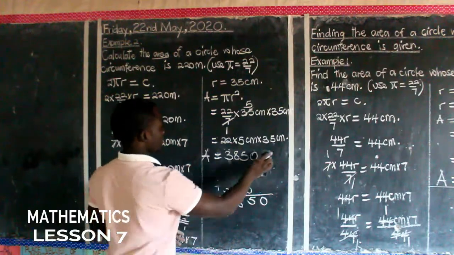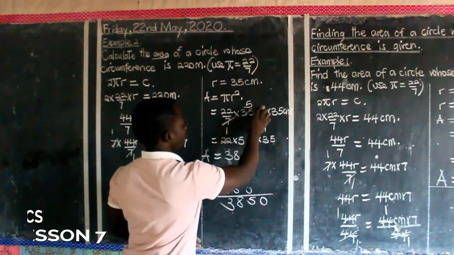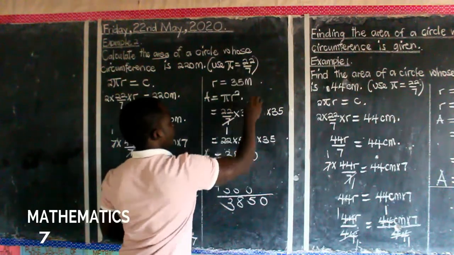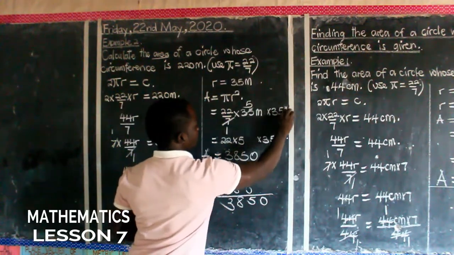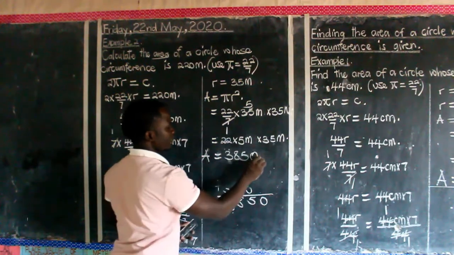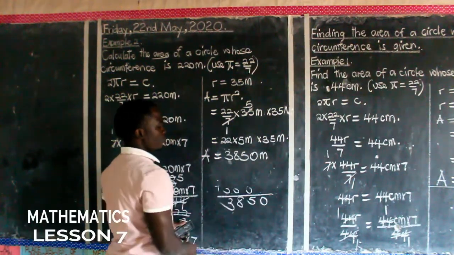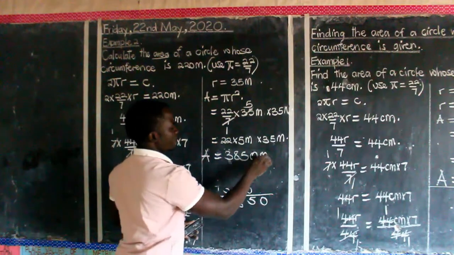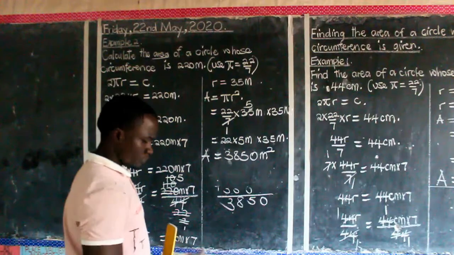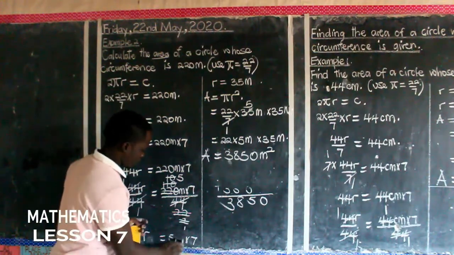Now the units were meters. We had the units of meters, so this is 3,850 square meters.